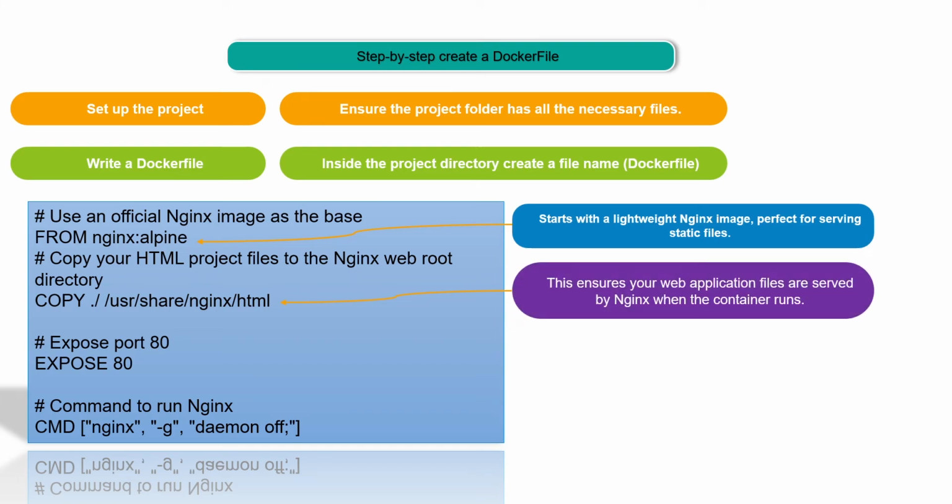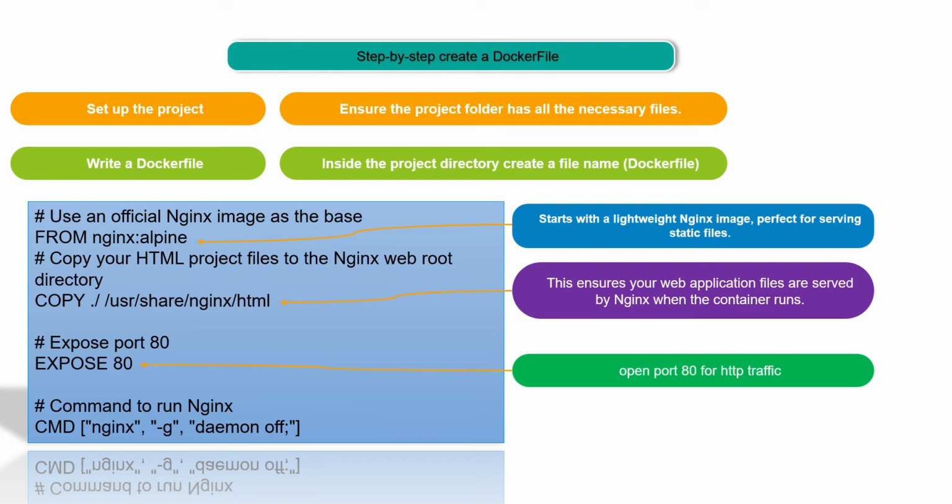What is COPY . /usr? This ensures our application files are served by the Nginx web server. We will copy all the code, all the dependencies, and all the libraries from this folder where we create the Dockerfile to /usr/share/nginx/html. This is the path where Nginx will serve our web application.